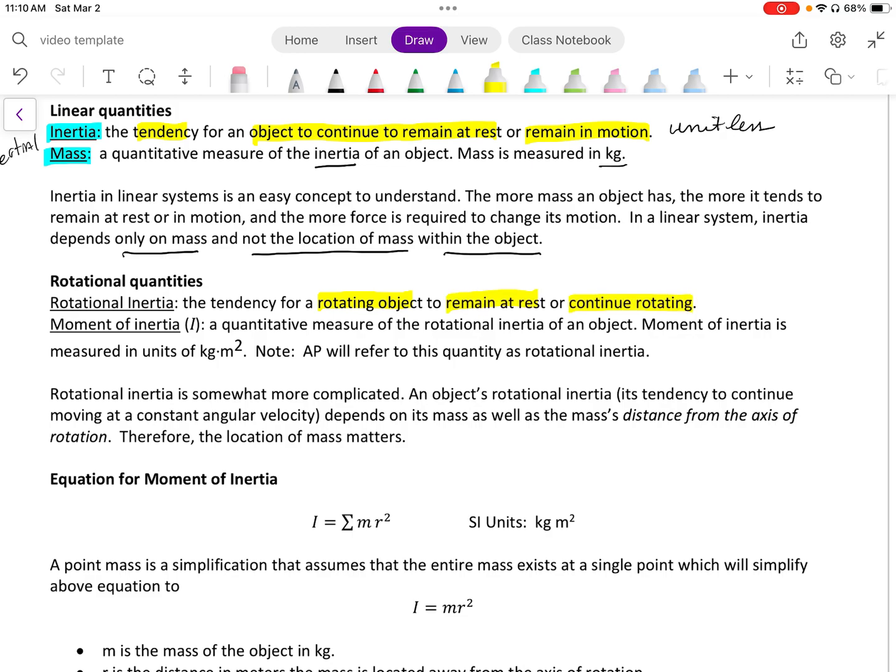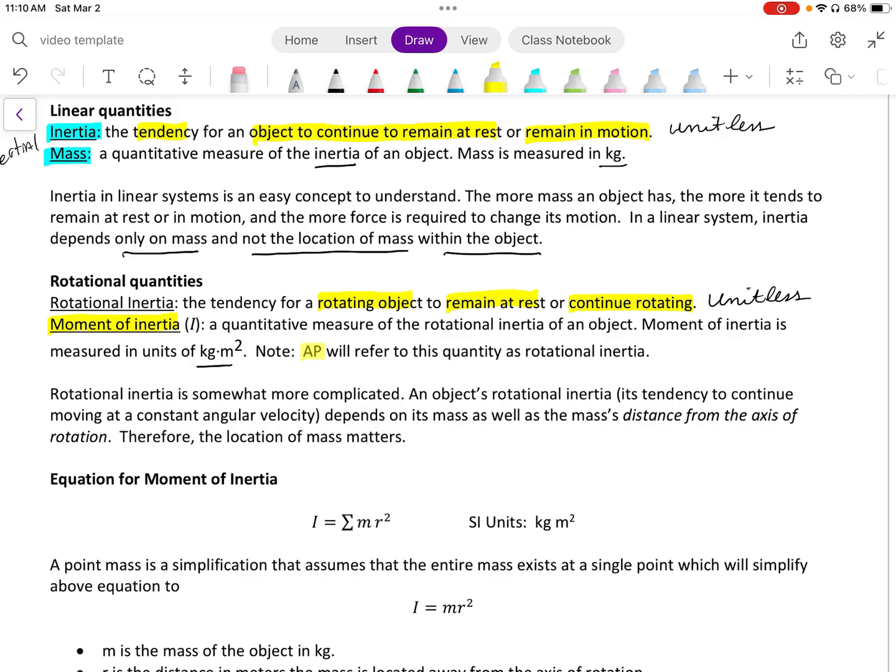And the moment of inertia, given the symbol I, is the quantitative measure, back up, the rotational inertia is unitless. The moment of inertia is the quantitative measure of the rotational inertia of the object. So how much rotational inertia does the object have? The moment of inertia is measured in kilograms meters squared.